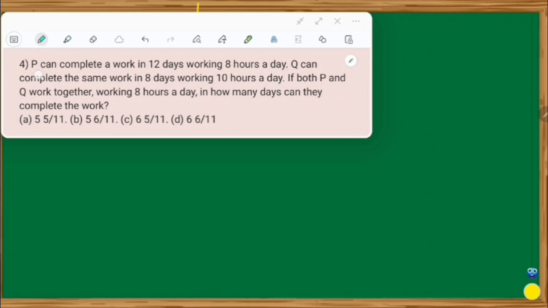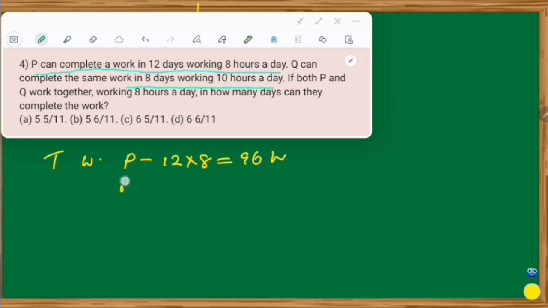Here, P can complete a work in 12 days working 8 hours a day. Therefore, total work of P is 12 into 8, that's equal to 96 hours. And Q can complete a work in 8 days working 10 hours a day.